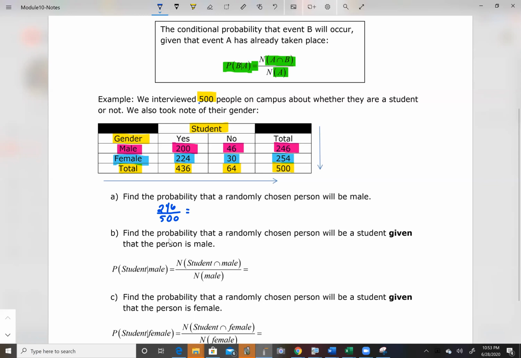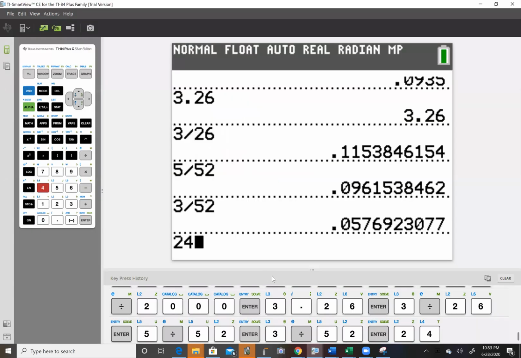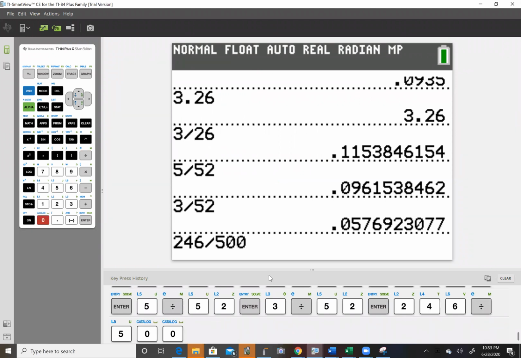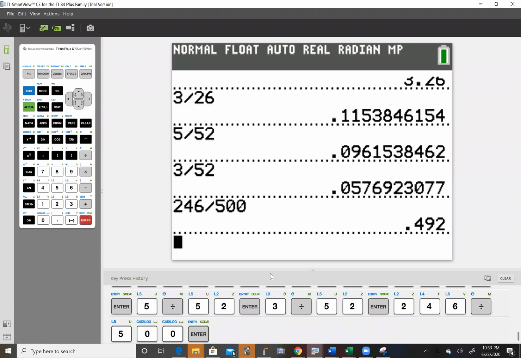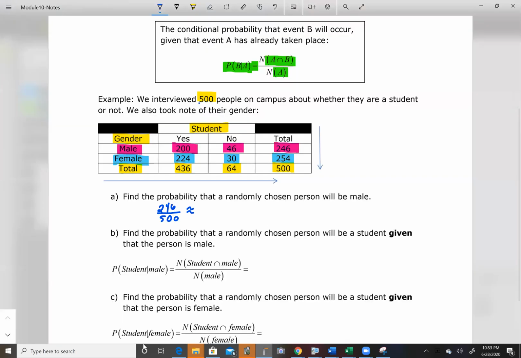Using the calculator, 246 divided by 500 should be less than 50%. It's 49.2. So 49.2%.